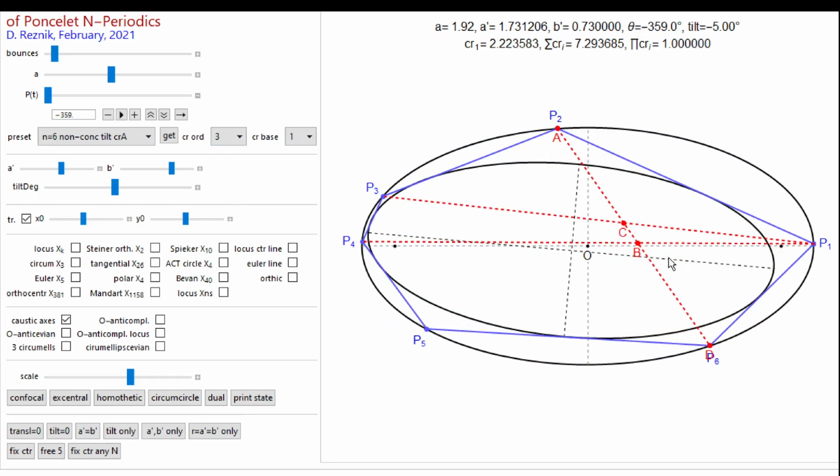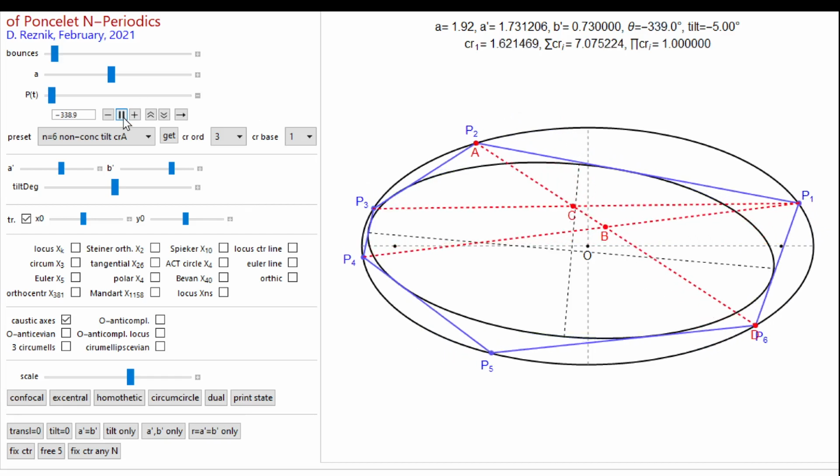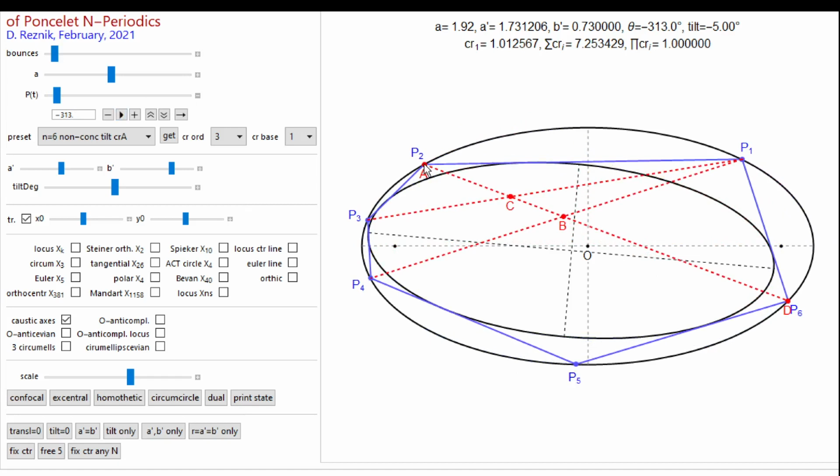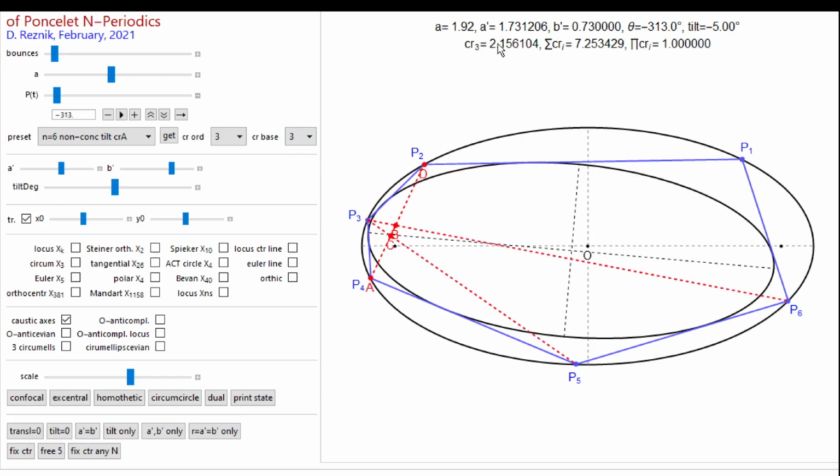Let's go to another ordering. Now I have A, C, B, D. Now something strange happens here. First of all, with this particular ordering, and I don't know why yet, the product of my cross ratios is exactly 1. Are all my cross ratios 1? No, they're not. Here's one of the cross ratios, 1.012. Let's flip through them. Here's my second cross ratio with respect to P2, 0.45. Here's my third one, 2.1.